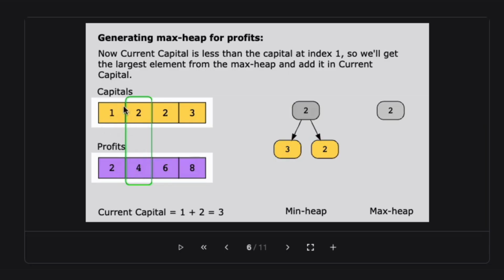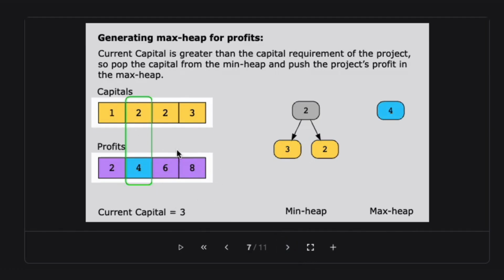Like if we add it together, 1 plus 2, 4 is still greater than it, so we now kept 4 instead. Okay, now the current capital, let's see, we have 2 here, but the profit is 6, so we kept 6. The current capital is actually 3.